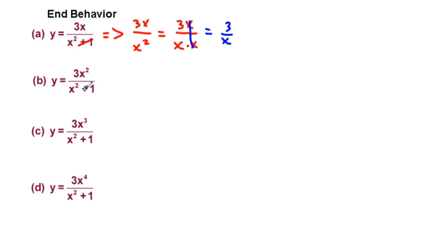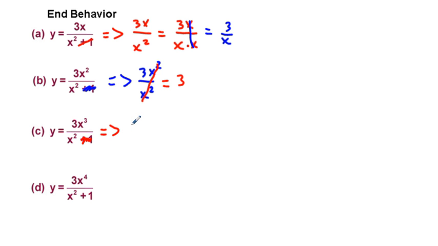If we do the same type of process for the second one, we have 3x squared over x squared. And x squared over x squared cancel equal 1. And so we're going to end up with 3. And so we're going to look for 3 as our end behavior from negative infinity to infinity. We do the same process down below here. Cross out this positive 1.